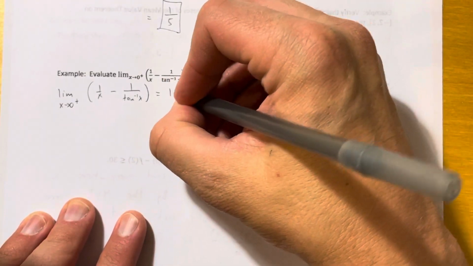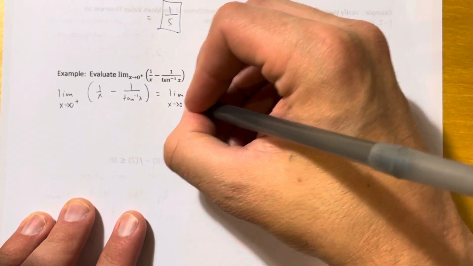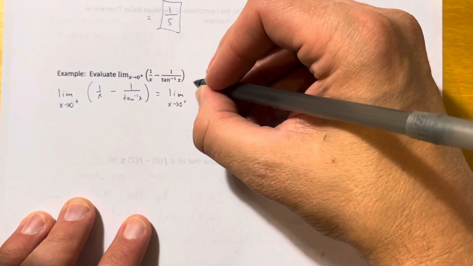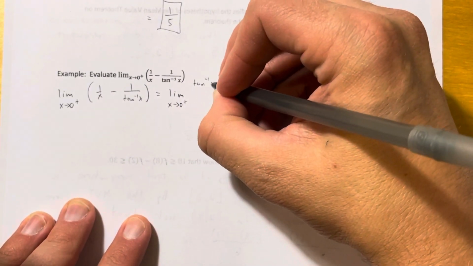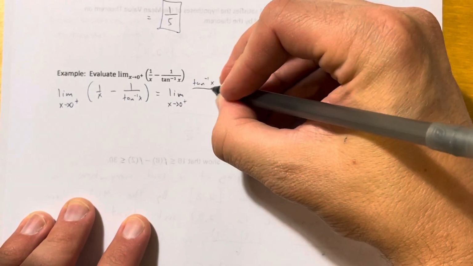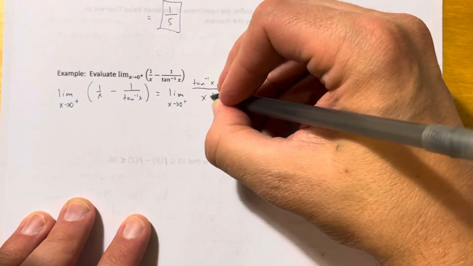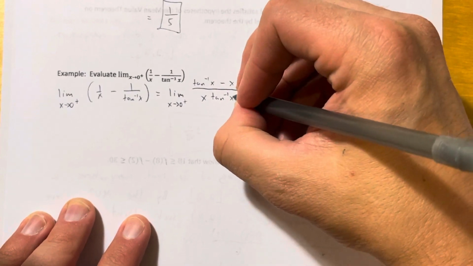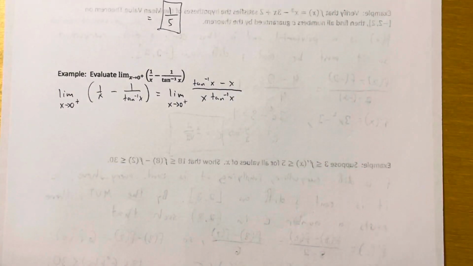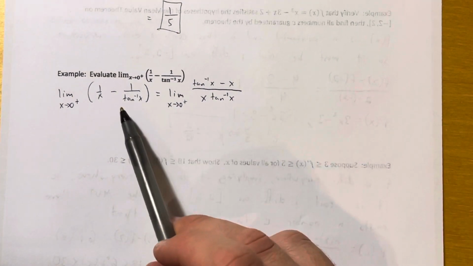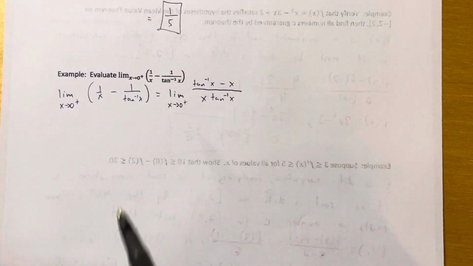This is equal to the limit as x approaches 0 from the positive side of the inverse tangent of x minus x over x times the inverse tangent of x. I'm skipping the algebraic steps for getting a common denominator and combining these, because there is enough work to do in this problem.